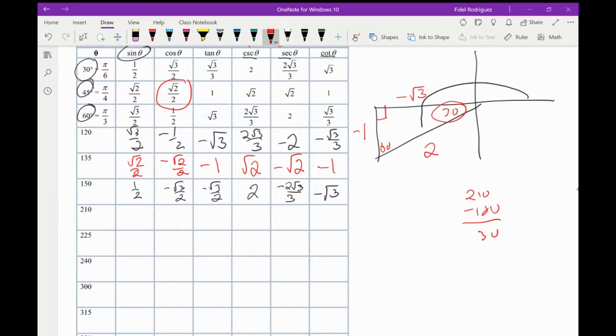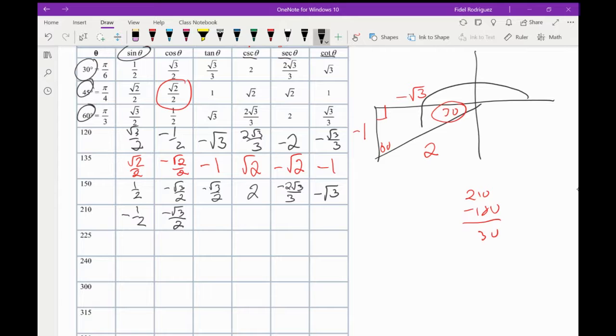So what should we get for the sine of 210? So remember, what's the sine of 210? It's opposite over hypotenuse. What would it be? -1/2. Okay, what about the cosine? Negative square root of 3 over 2, right? Adjacent over the hypotenuse.